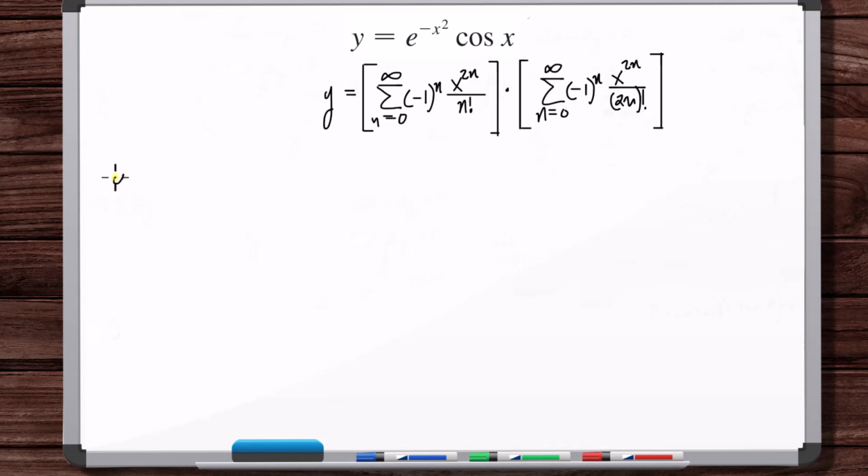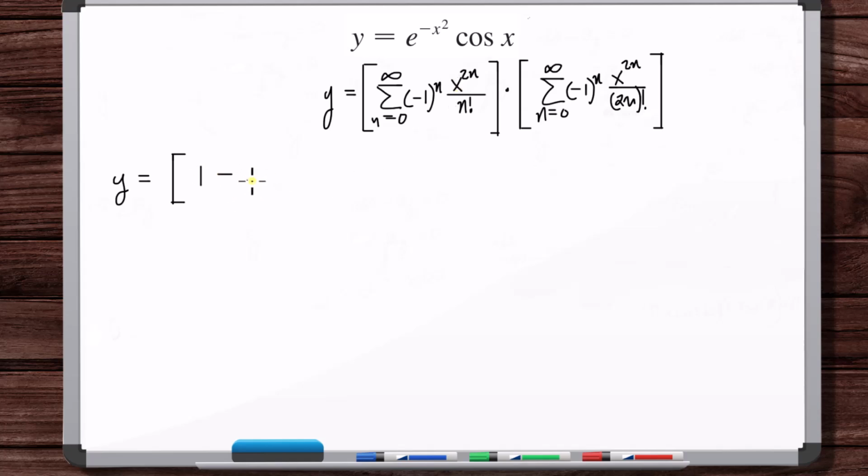The way to do it is we're going to write out the expanded form of each of these. The first term here is, 0 factorial is 1, x to the 0, so just 1.